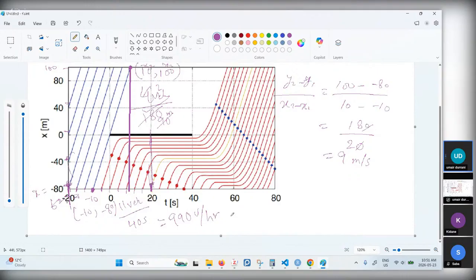If we count this vehicle, second vehicle that is crossing, and then these are stopped, the one, two, three, four, five, six, seven vehicles over 80 meters.